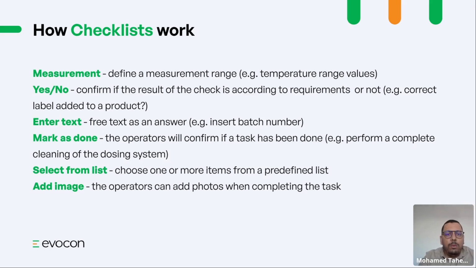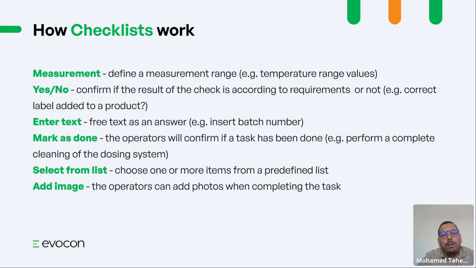So how does a checklist work? In any type of industry, you have daily checks to do with different types of tasks. You may need to do measurements, meaning that you want to measure some range, for example the temperature of the room, with a frequency that we will see after. What is the quantity, what is the value?